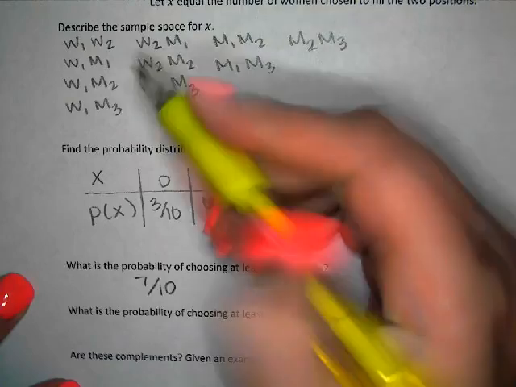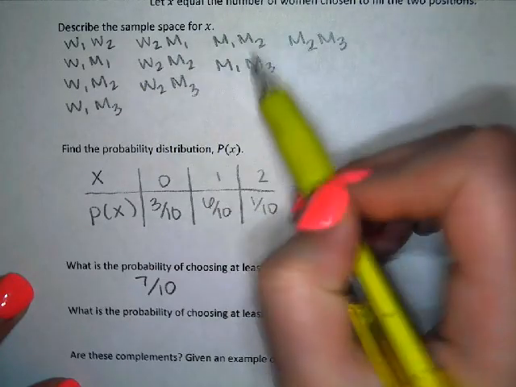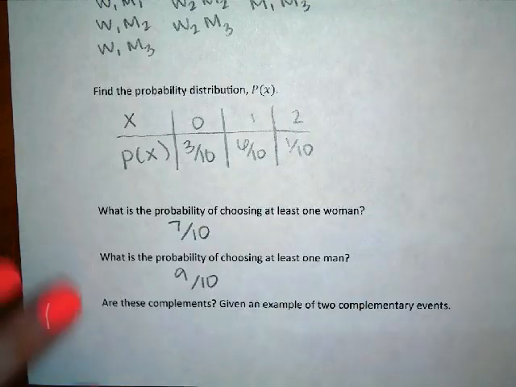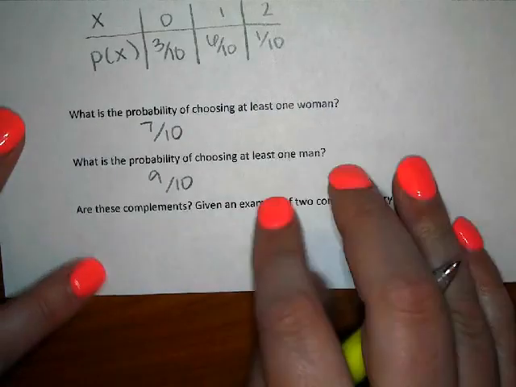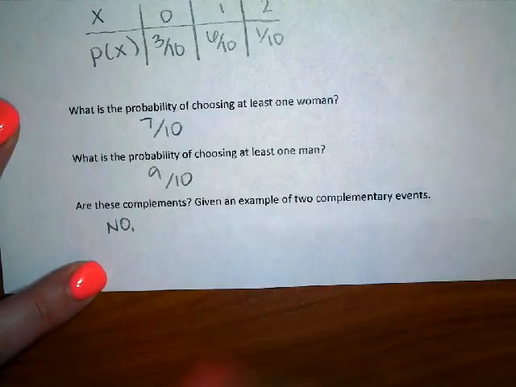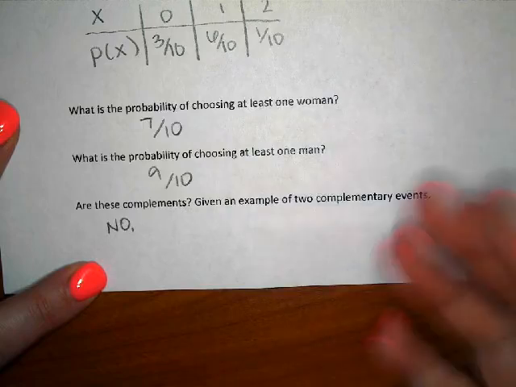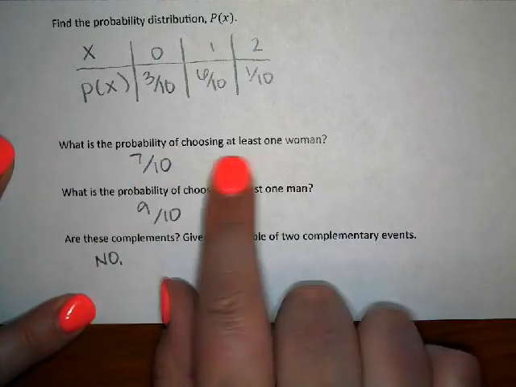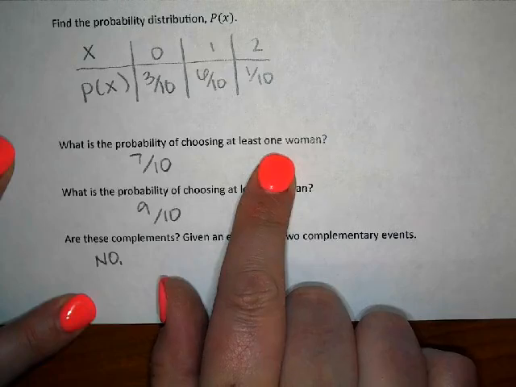Are these complements of each other? And the answer is no, these are not complements. For something to be a complement, you have to think of them as opposites of each other. What is the probability of choosing at least 1 woman? The opposite of that, and I'm kind of giving away this other answer, would be what is the probability that no women were chosen?